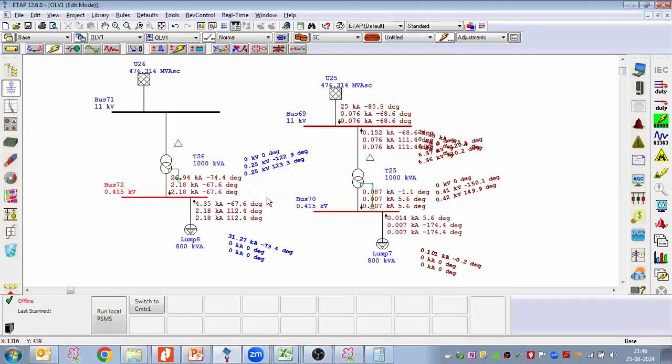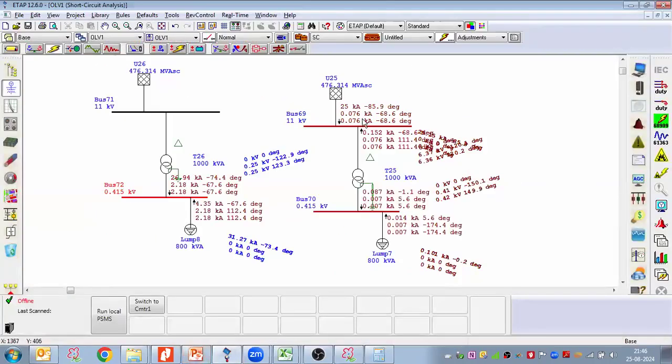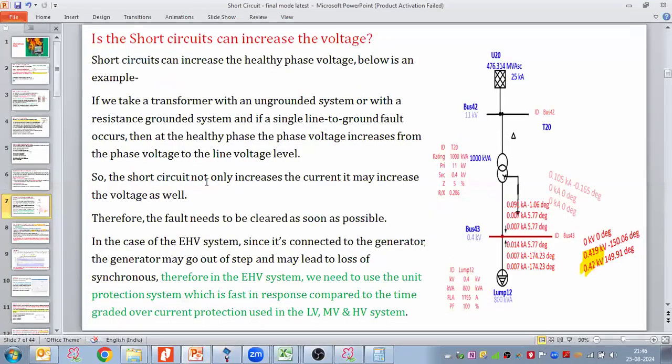Am I able to say that a short circuit fault increases the voltage as well? But there are certain situations, not everywhere. So I took the situations when the short circuit increases the voltage. So the short circuit not only increases the current, it may increase the voltage as well. Therefore, the fault needs to be cleared as soon as possible.